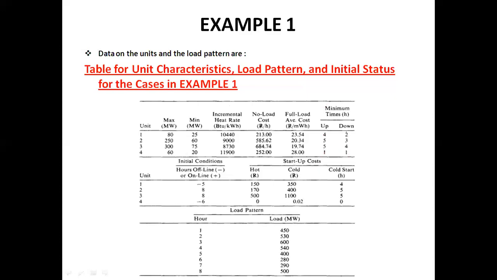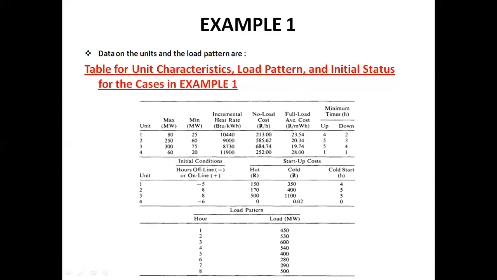Downtime for unit 1 is 2, unit 2 is 3, unit 3 is 4, and unit 4 is 1. This means that when a unit is in operation, it must operate for its minimum uptime, and if it is offline, it must stay offline for its minimum downtime.